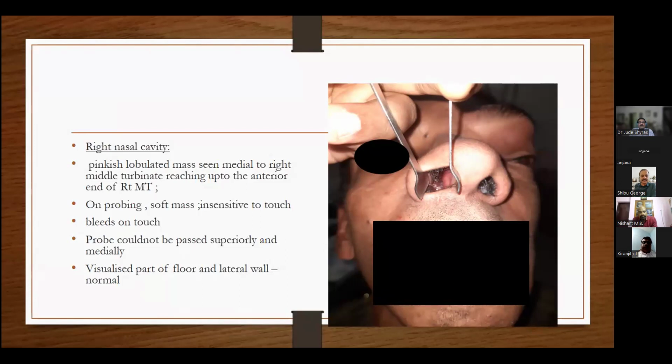How? To visualize the roof and the floor of the nasal cavity, these are two extremes. How do you do that? This is done by tilting the head of the patient, isn't it? Okay, sir. All these are basic questions. Okay. Right.